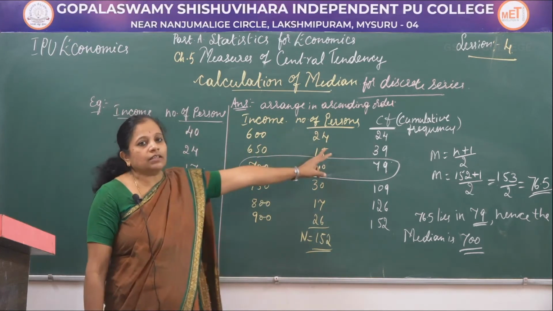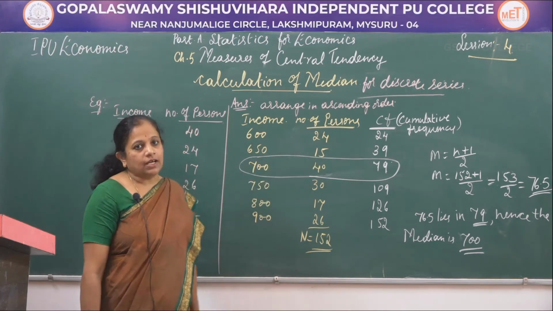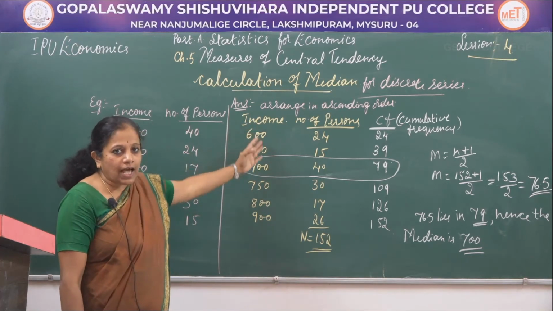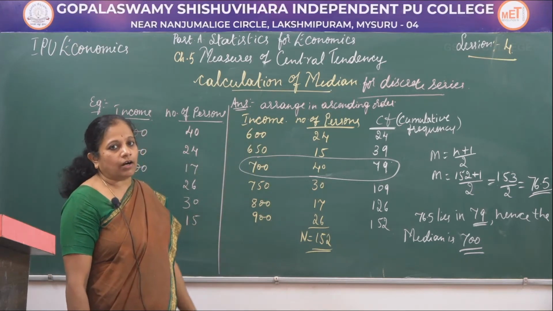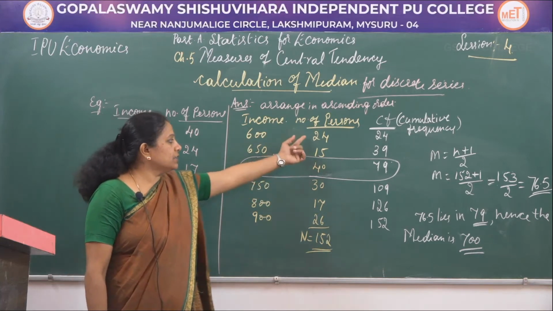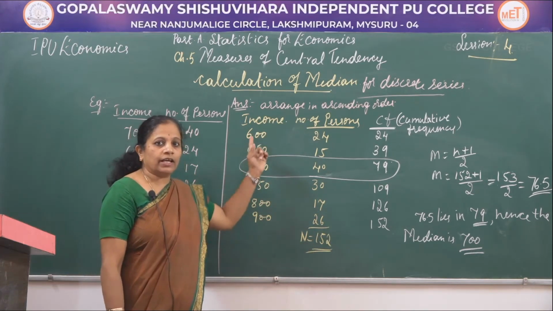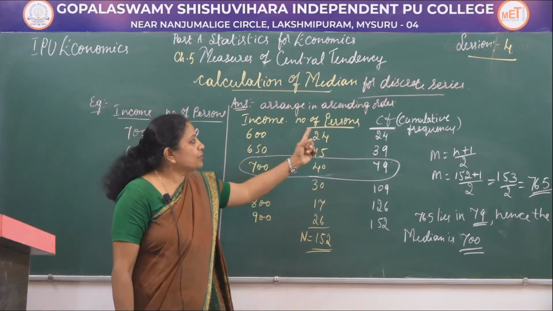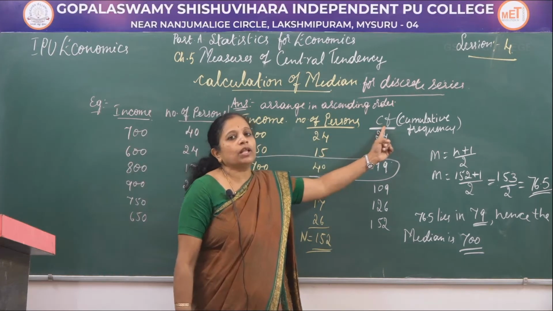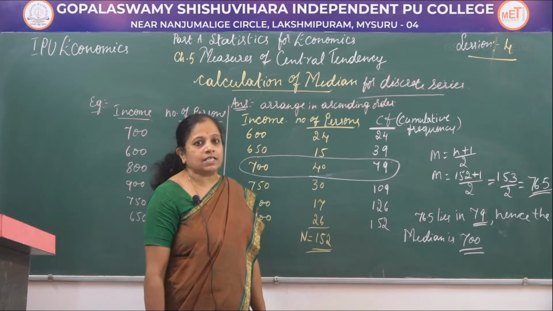After arranging the class in the ascending order, we have written the frequencies of these individual x or the classes. So after this we should write the cumulative frequency, that is CF.